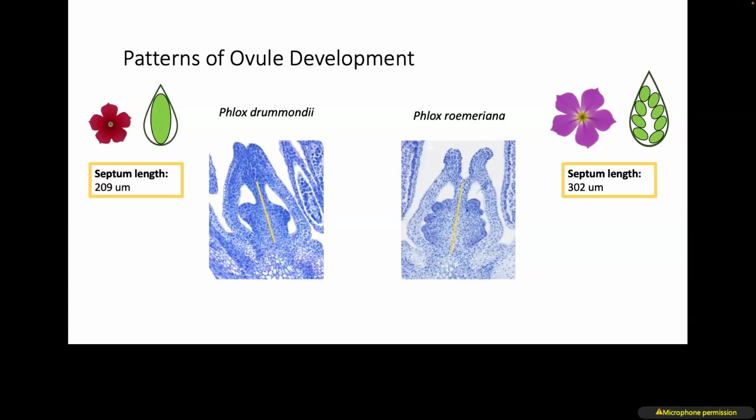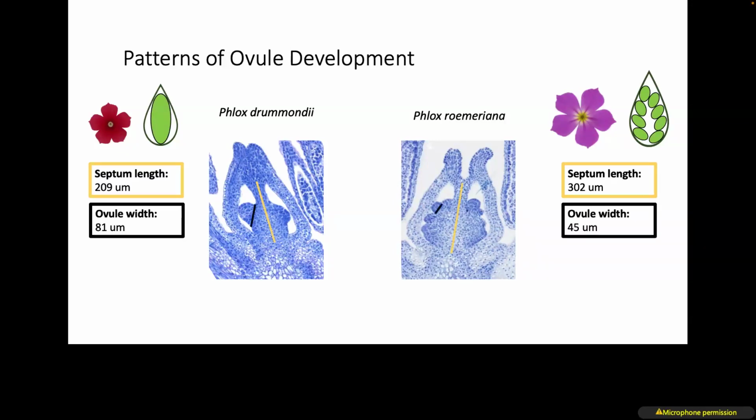And when we think about what this means in terms of how space is being used, the ovary size in roemeriana at the time of ovule initiation is larger. However, the width of ovules coming off of this central placental tissue is much smaller in roemeriana versus drummondii.